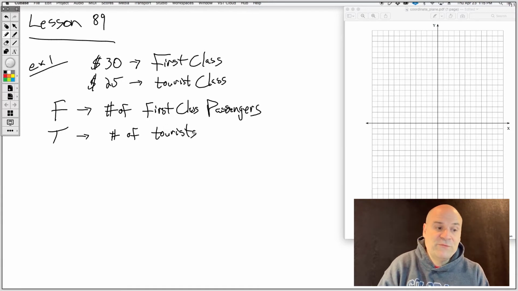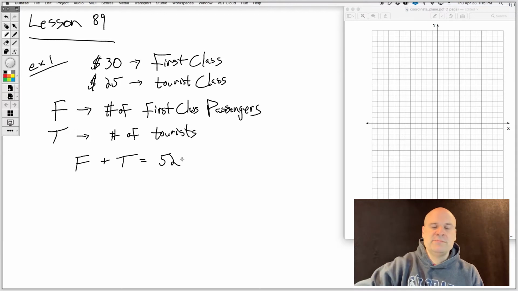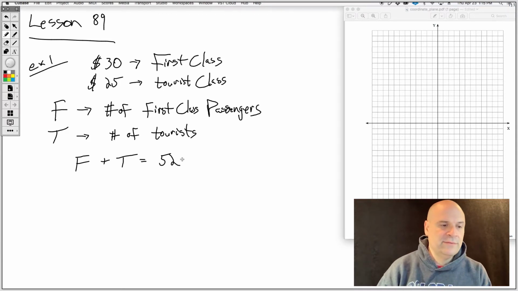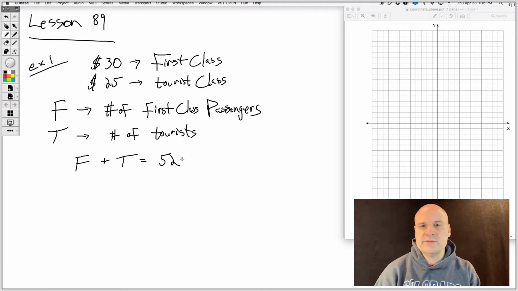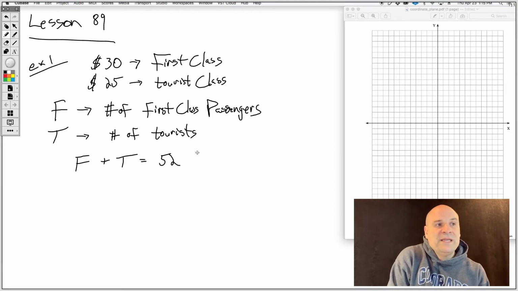If there are 52 passengers, we're going to say F plus T equals 52. So number of first class plus number of tourists equals 52. There's not any other type of passengers. We don't know how many first class yet, and we don't know how many tourists yet. But we do know that the total paid was $1,360. So this is our quantity equation.